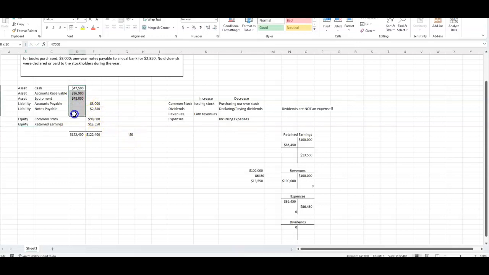Now my assets equals the sum of my liabilities and my equity, my stockholders' equity. And that would give us a balanced balance sheet.